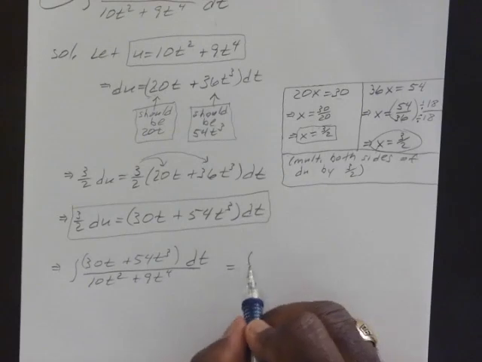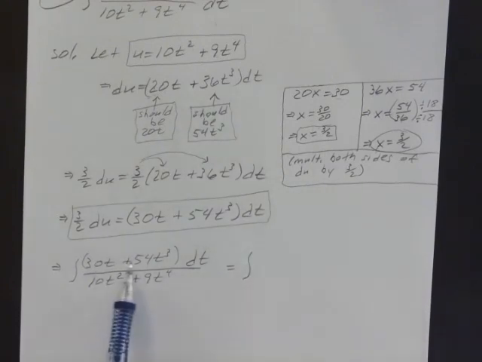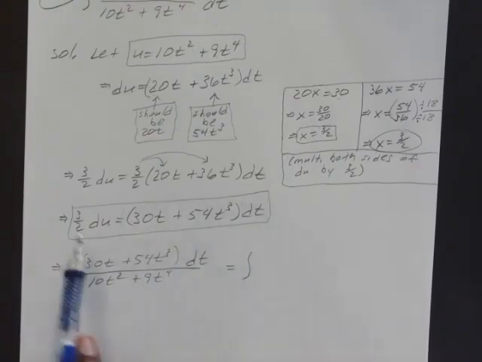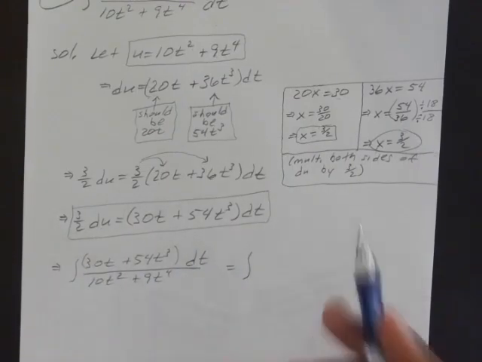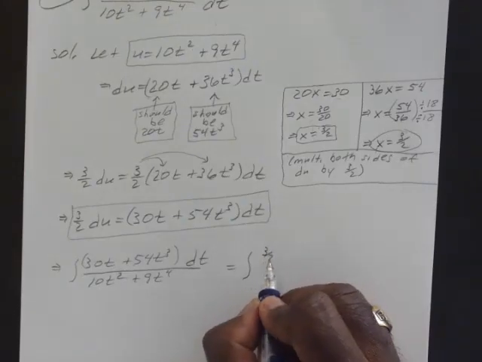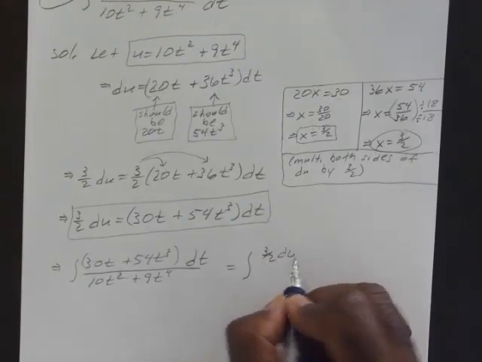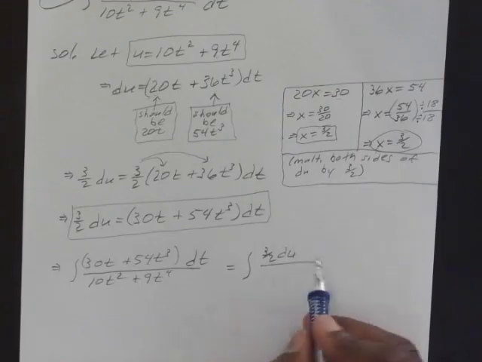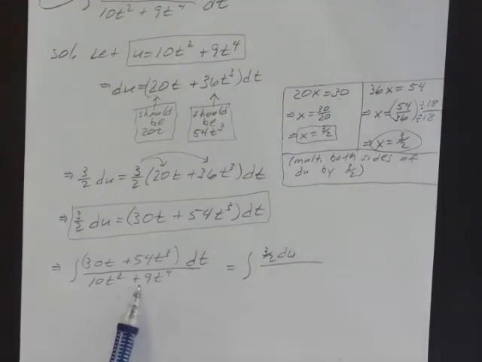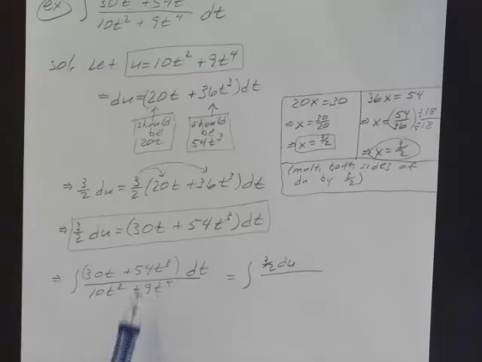Well, that's equal to the integral 30t plus 54t to the third power dt. We can just replace that with 3/2 du, divided by 10t squared plus 9t to the fourth power. We can just replace that with u.